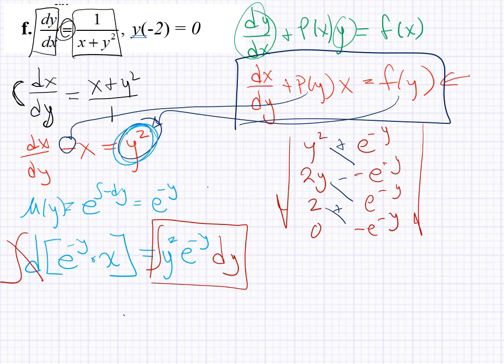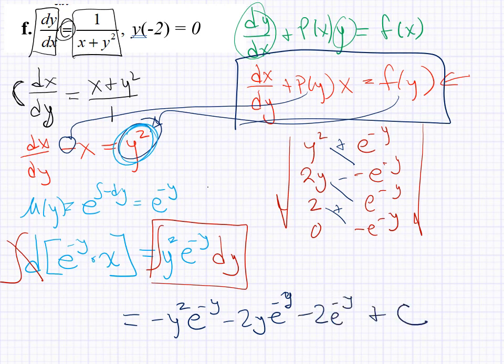So what we end up with on the right-hand side would be -y squared e to the -y, then minus 2y e to the -y, and then -2 e to the -y plus c. The left-hand side turns into e to the -y times x.